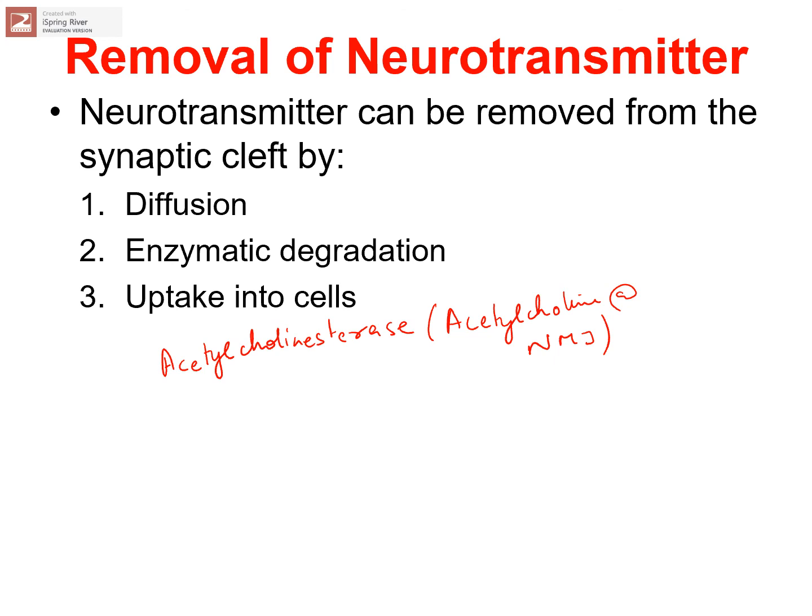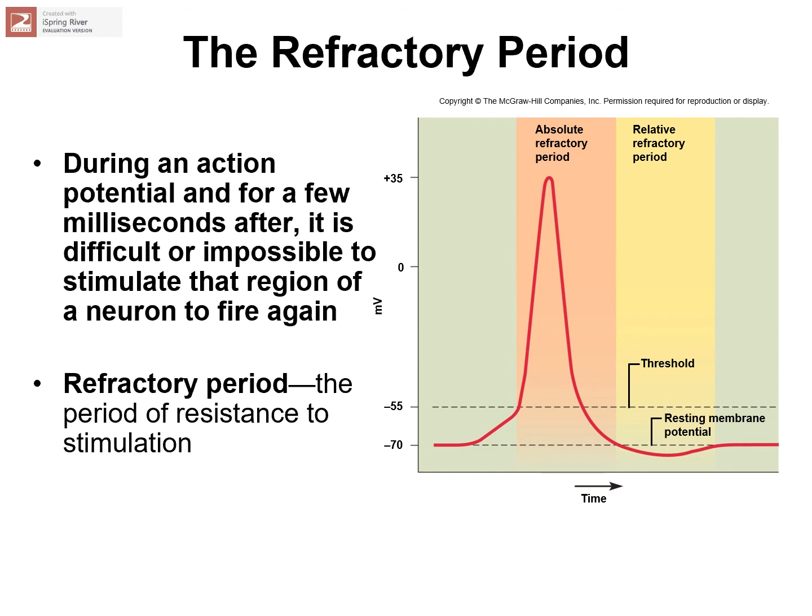Now let's just see, what's the next line? We talked about refractory period, right? So we talked about this area being the refractory period, but in a sense we have two different refractory periods. One is the absolute refractory period, then we have the relative refractory period. Absolute refractory period is the period during which it is absolutely impossible to stimulate or cause an action potential.